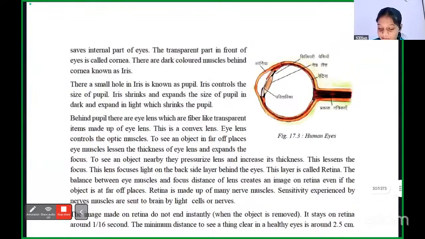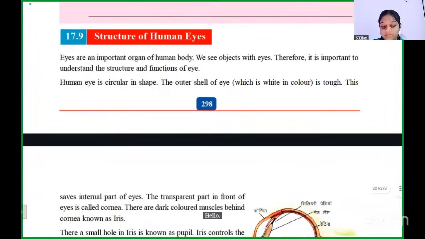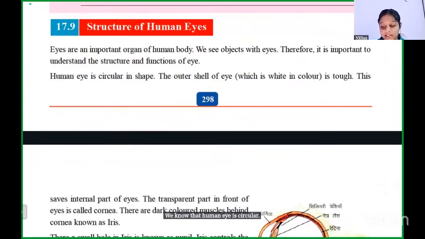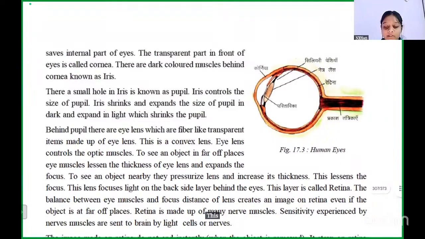Right, so we have the structure of a human eye. Now we know that the human eye is circular in shape. The outer shell, which is white in color, is tough. You don't say that it's very tough or really hard, no. But yes, it's a little bit on the tougher side so that it can protect all the fragile parts in our eye. Now, this saves the internal parts of our eye.